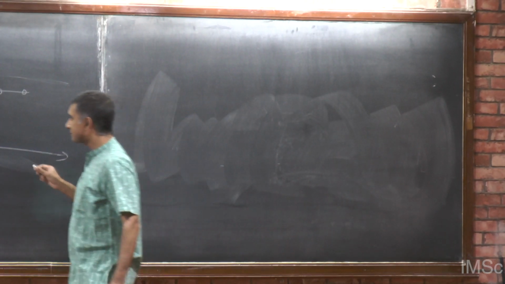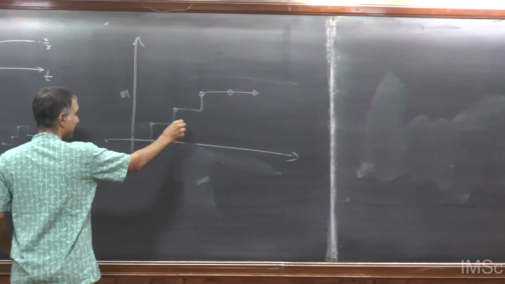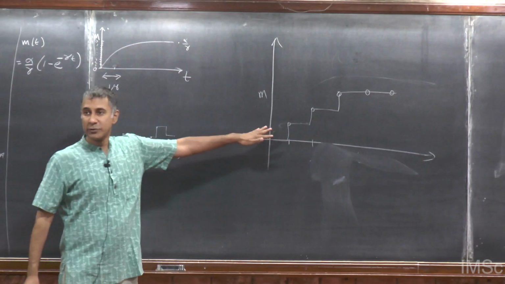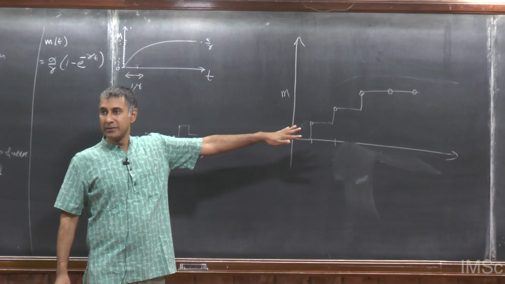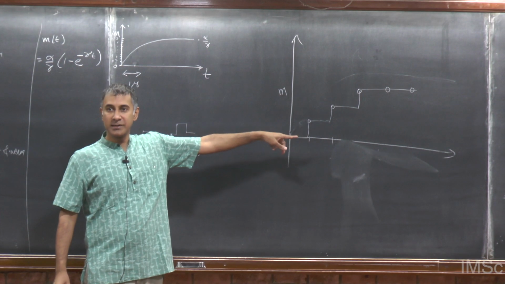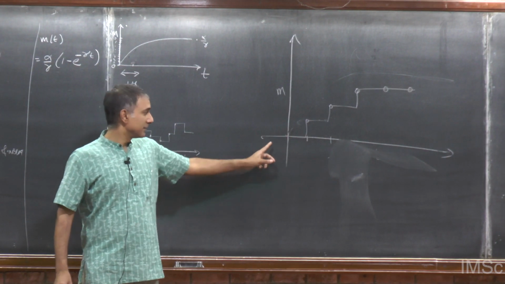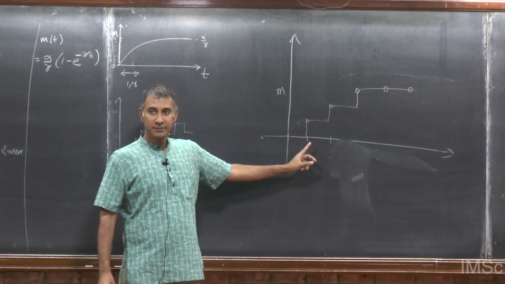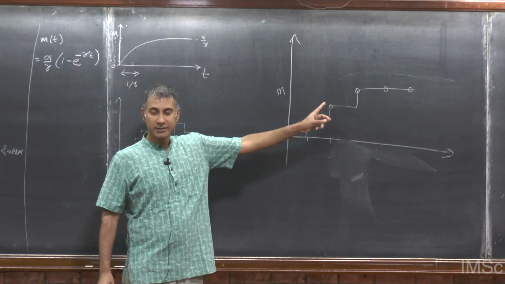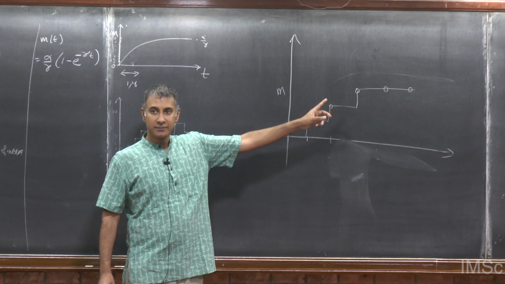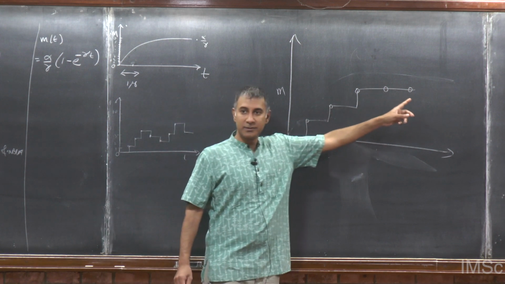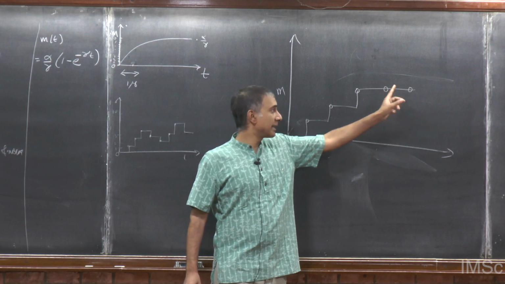So let's think about it. What is the interpretation here for the person who made this? Who drew this one? Yeah, what's the interpretation here? Increasing. At some point it just... And what happens to the mRNA then?